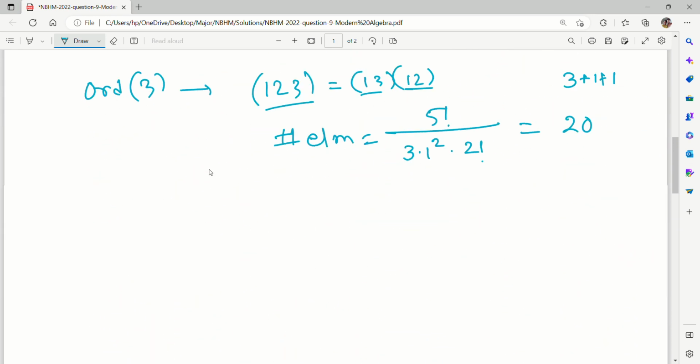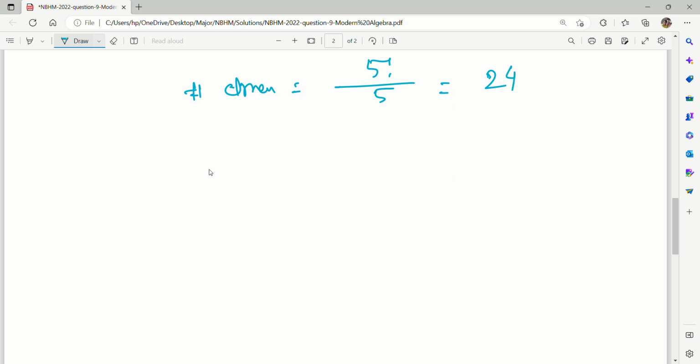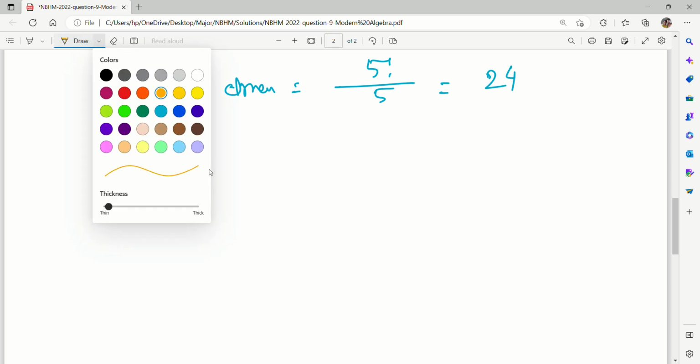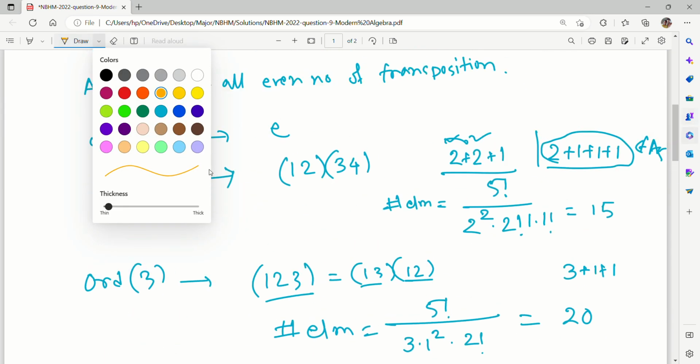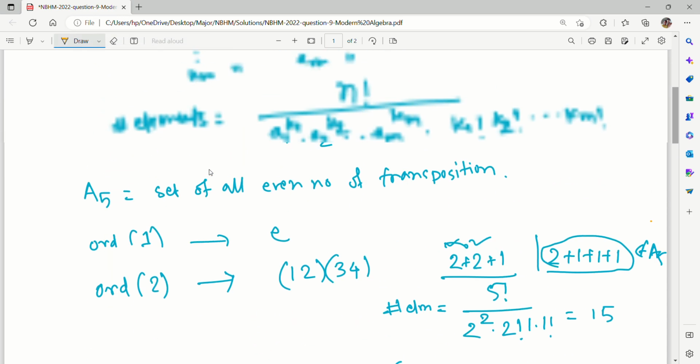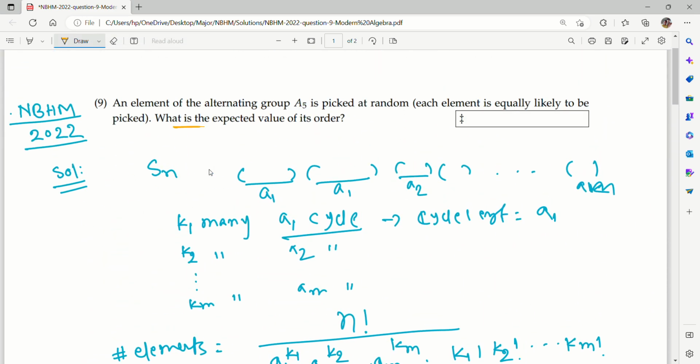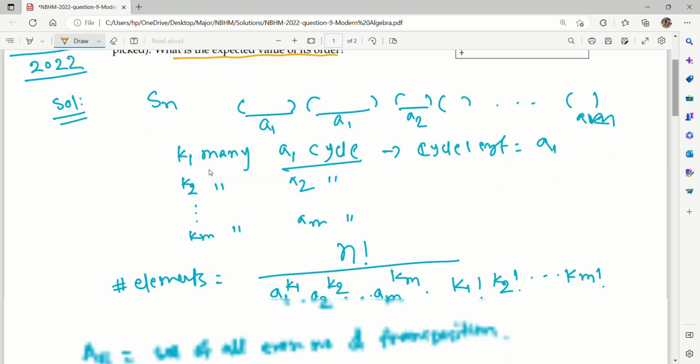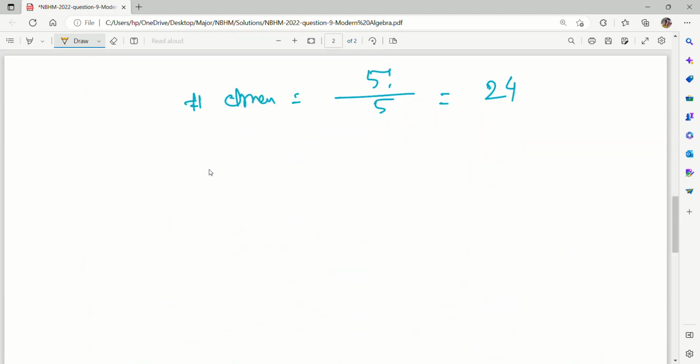Now the question is asking for the expected value of its order. So it's just a probability question.